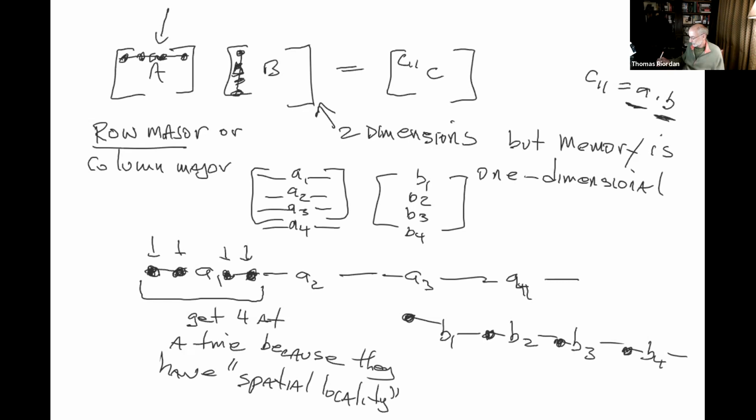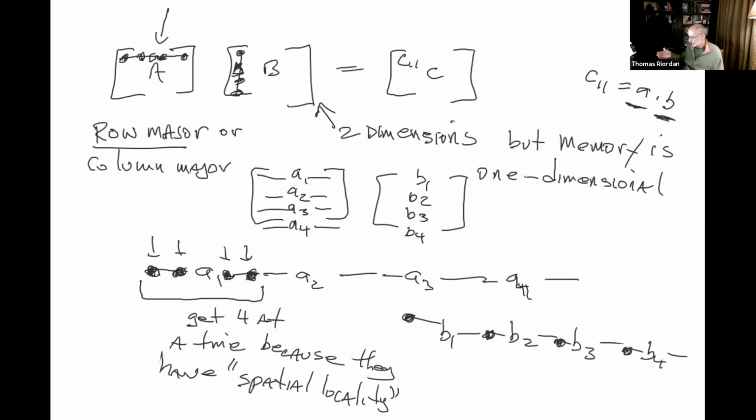And so when we go to get them from memory, it's going to be very, very inefficient. In fact, since they're not right next to each other in memory, it's easy for them to collide in the cache. It's easy for them to end up on top of one another.